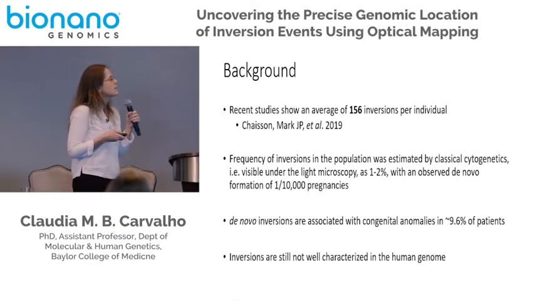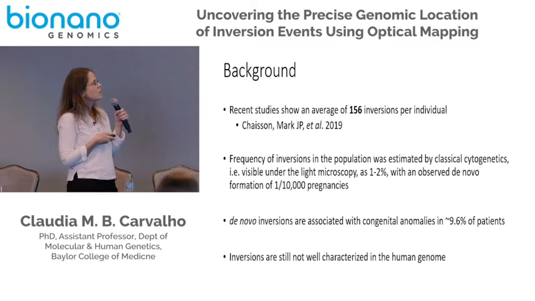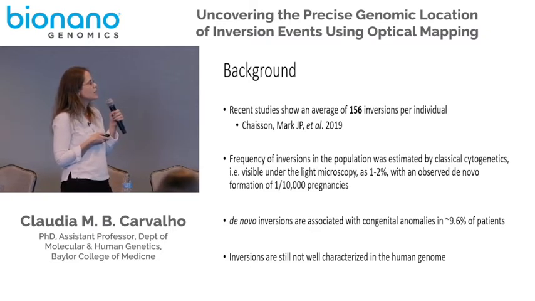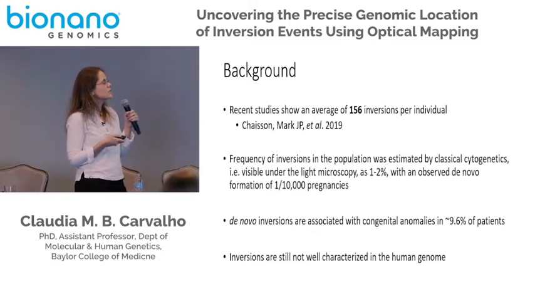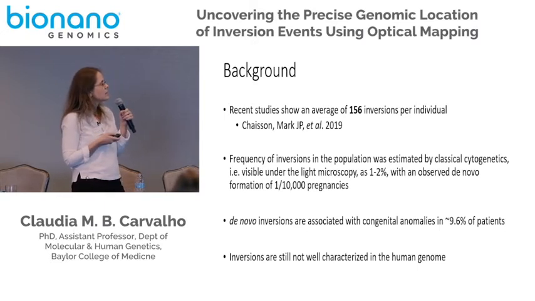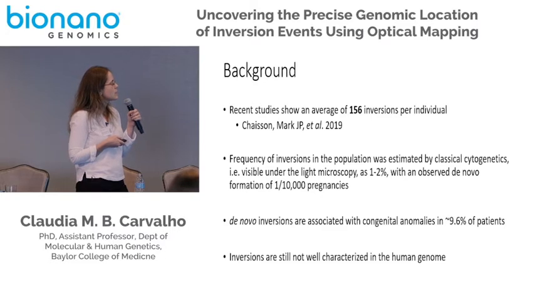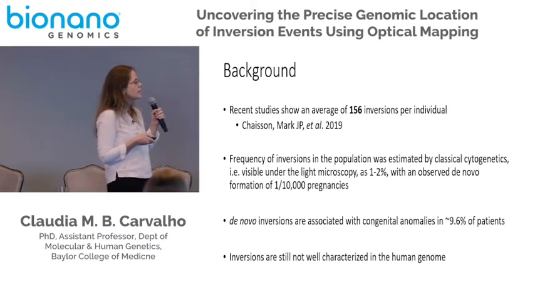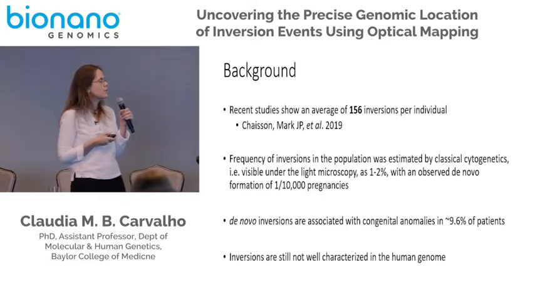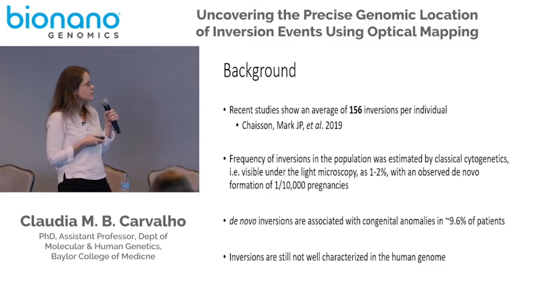These are, of course, potentially non-pathogenic inversions, but we need to think about carriers of inversions that disrupt genes, that when homozygous can cause disease, and also the fact that de novo inversions can be formed in once every 10,000 pregnancies, and that de novo inversions can be associated with congenital anomalies in 9.6% of the patients that are referred to a diagnostic lab.